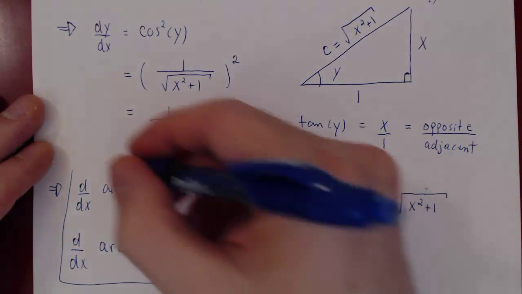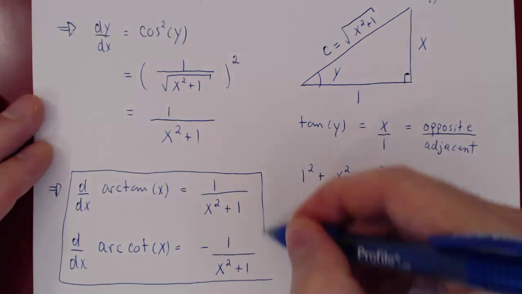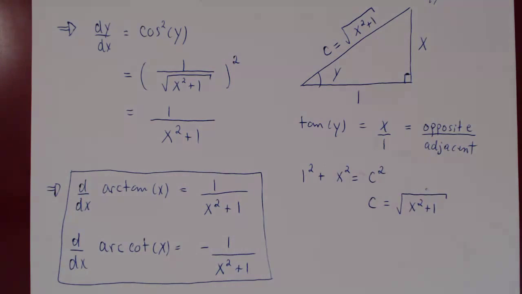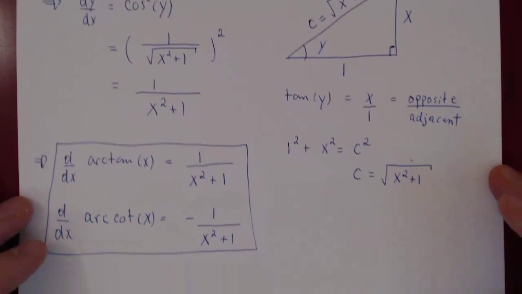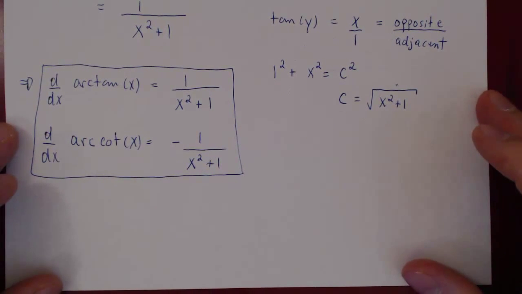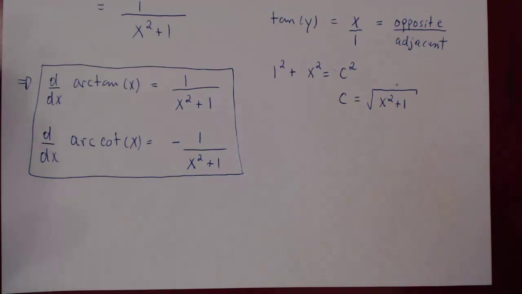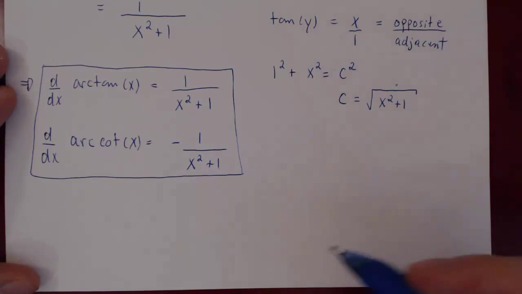And that's how you differentiate arctan and arccotan of x. And finally, there are just two inverse trig functions that are left, and that is the arcsecant and the arccosecant functions. Well, let's just write their derivatives here, and once again, you should check that the result is true on your own, using a similar argument.